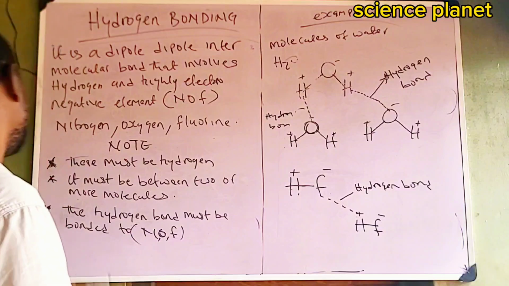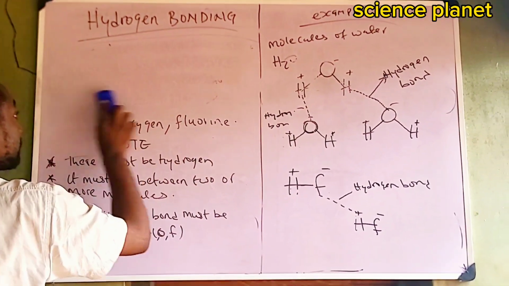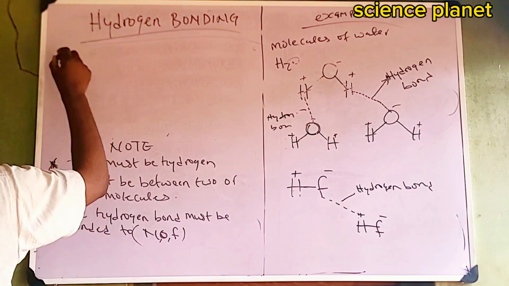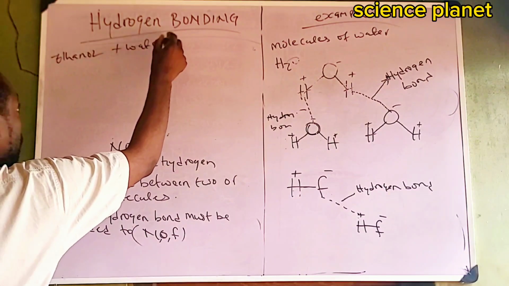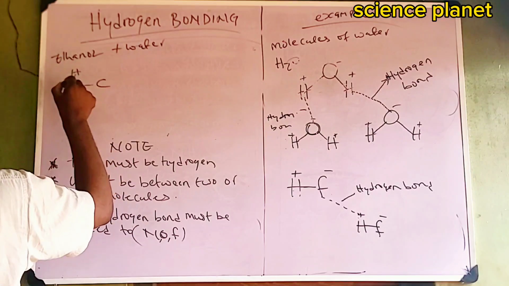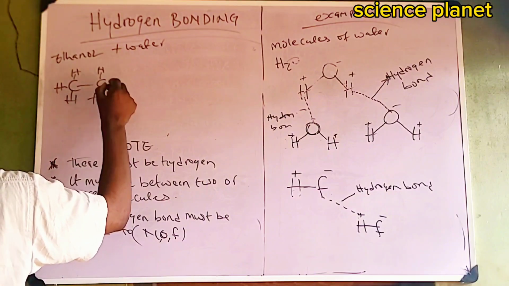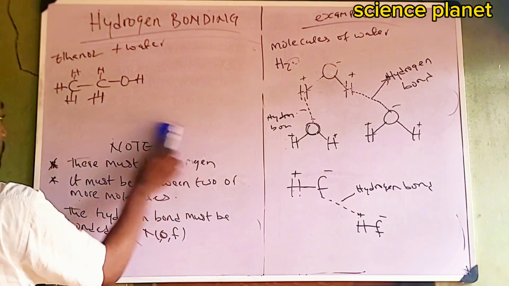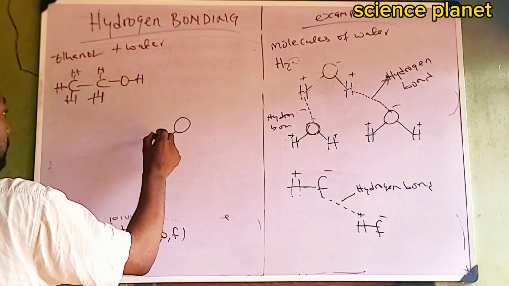Let's look at the last example. That is ethanol and water. Ethanol plus water. You can see our water here.